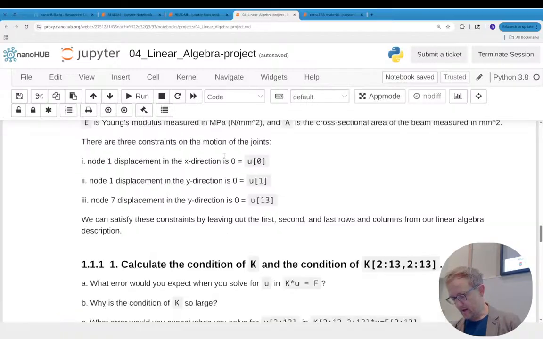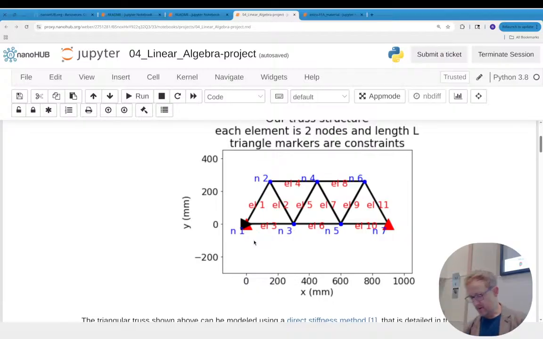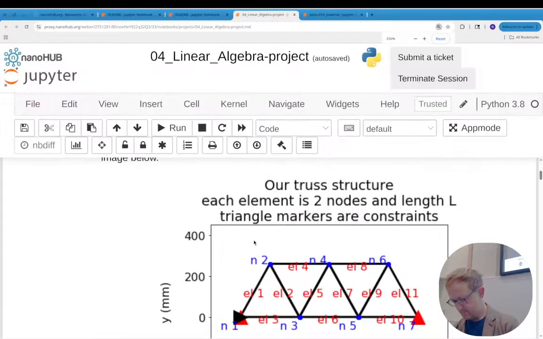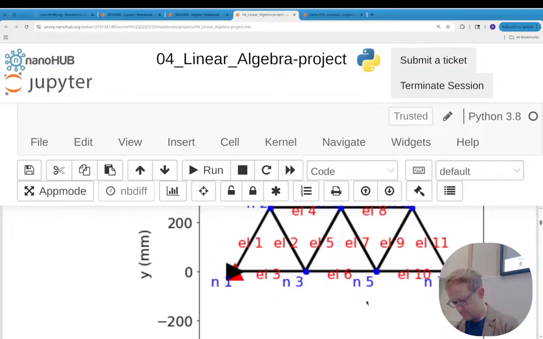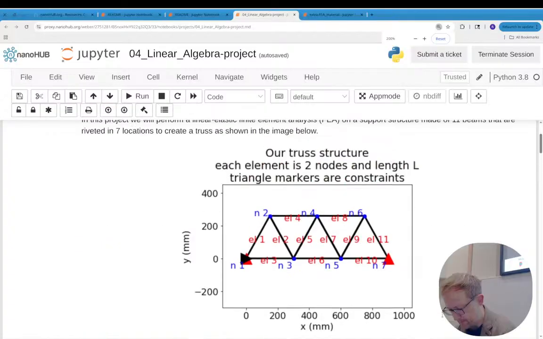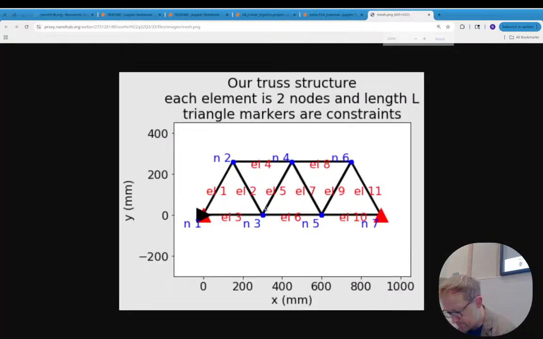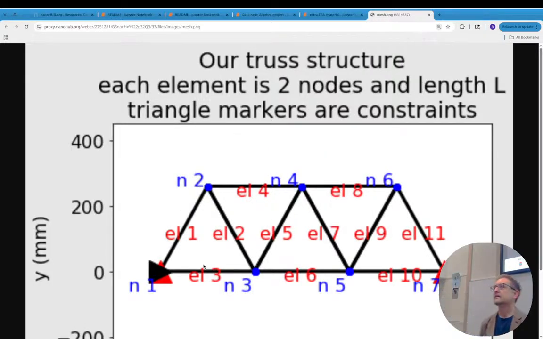And for that, to really look at it, we'll look up here. So again, each node has 2 degrees of freedom. When we skip the first 2 rows and columns, we're saying node 1 in its x direction and node 1 in its y direction are both 0.